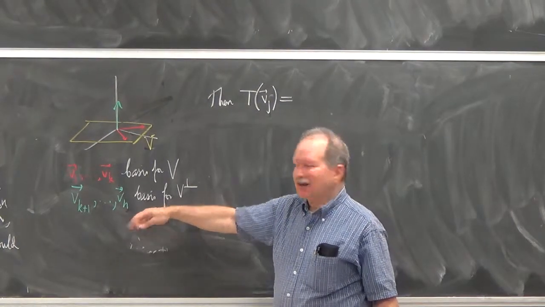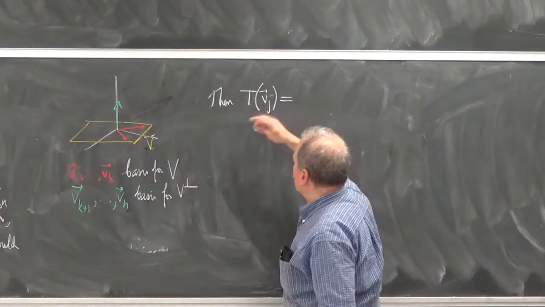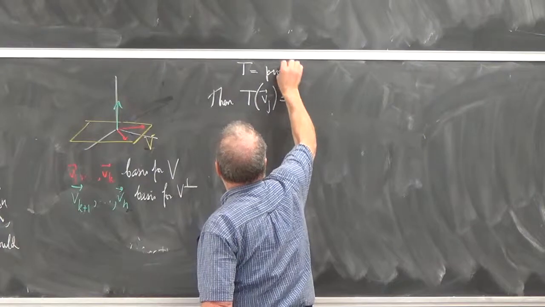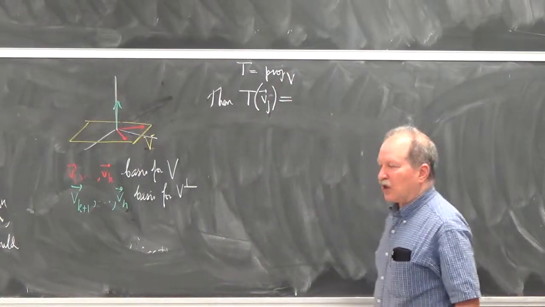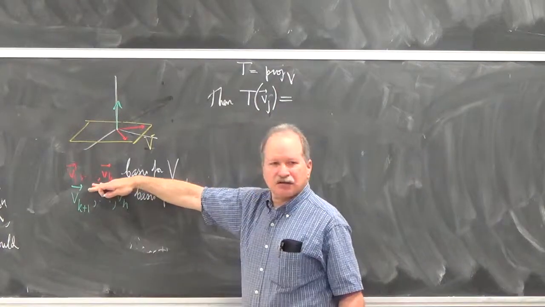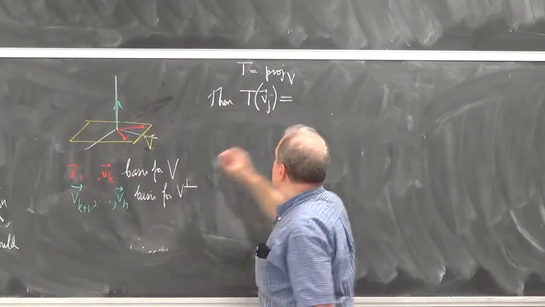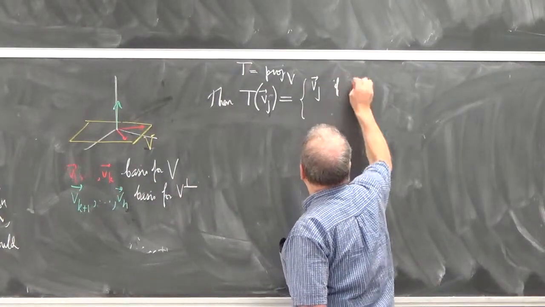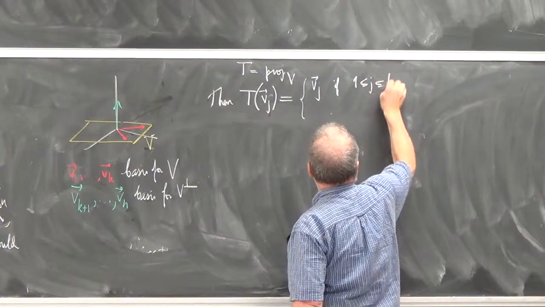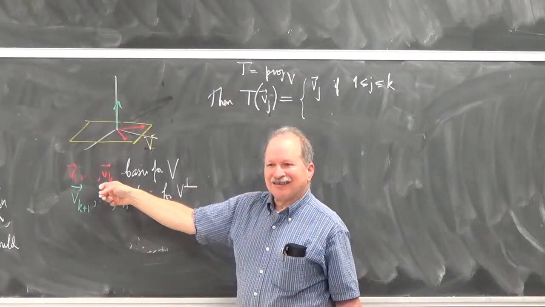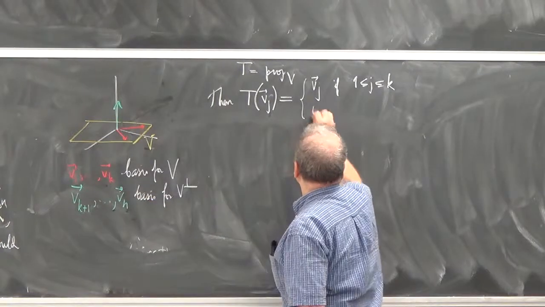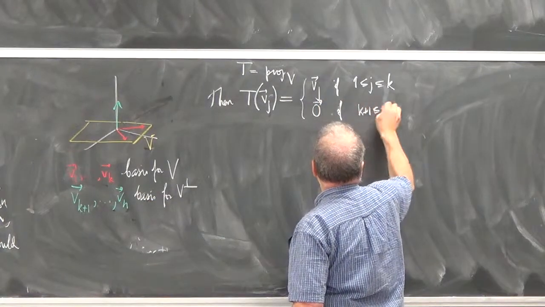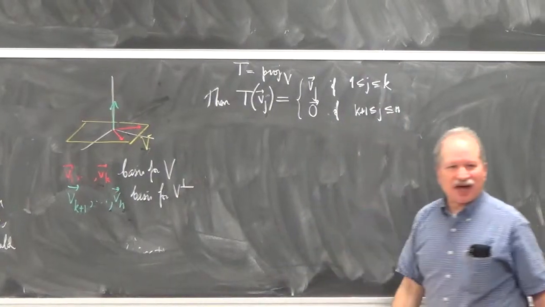If T is projection on V, then what happens to these guys? They stay the same. So the vj's stay the same if you're in the V range here, and they vanish if you're in the perp range. Does everybody agree with that?